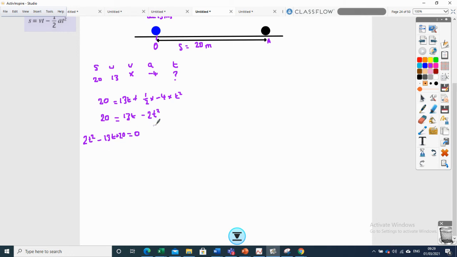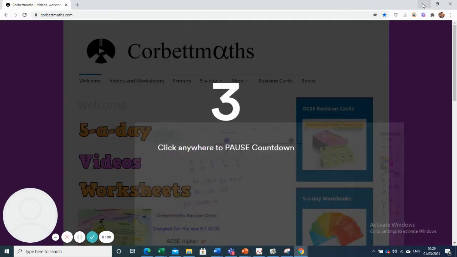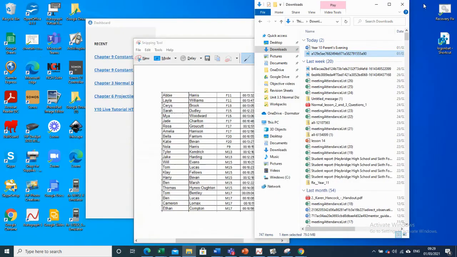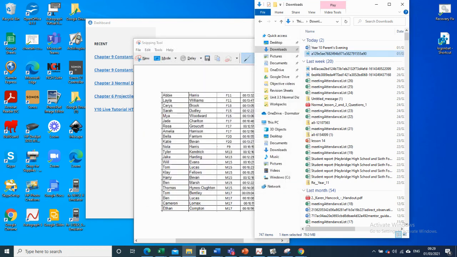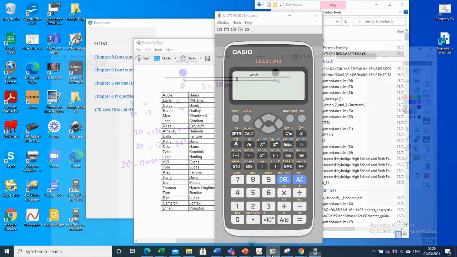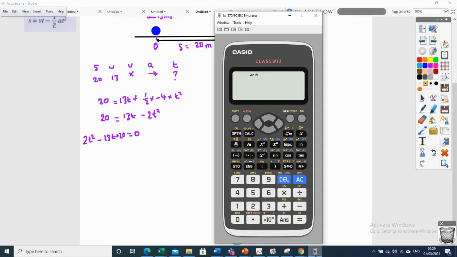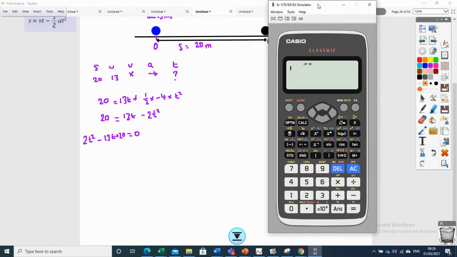This is a difficult one to factorise, so we better get our calculators out. So you can use the function on your calculator to solve it for you.